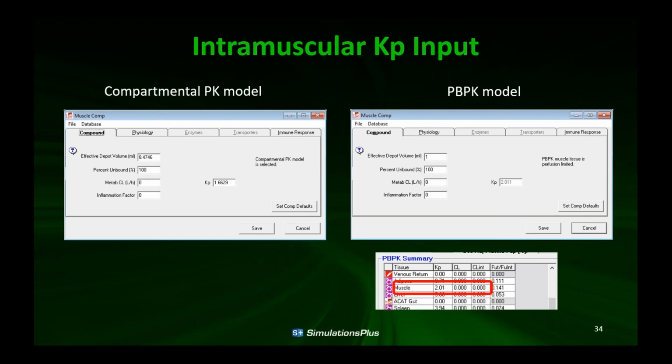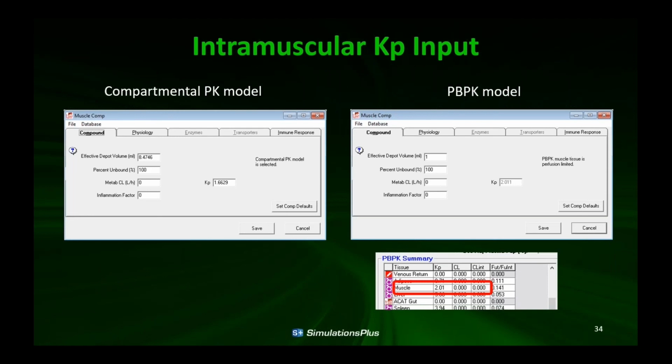Another improvement is in the intramuscular model. For this model, we allow you to give the Kp input for the compartment PK model. In previous versions, if it was a compartment model, the program estimated the Kp at the intramuscular injection site based on some default muscle tissue composition, and the user couldn't modify it.